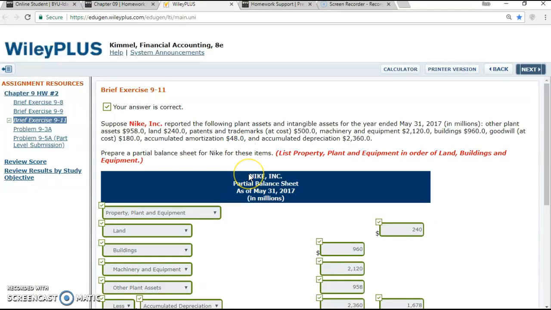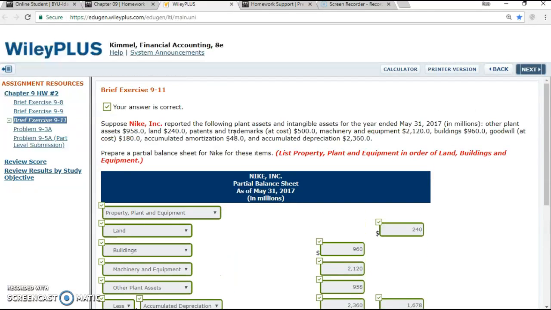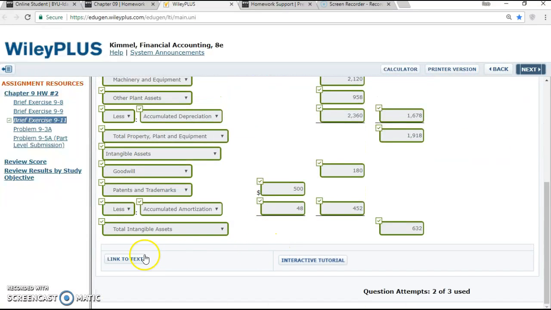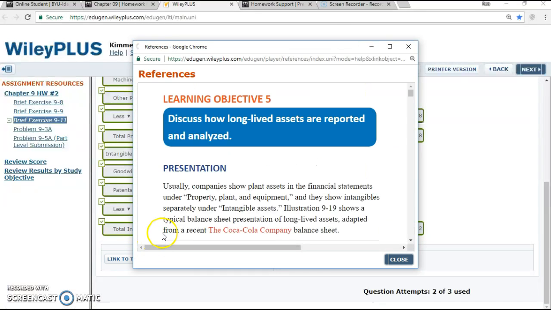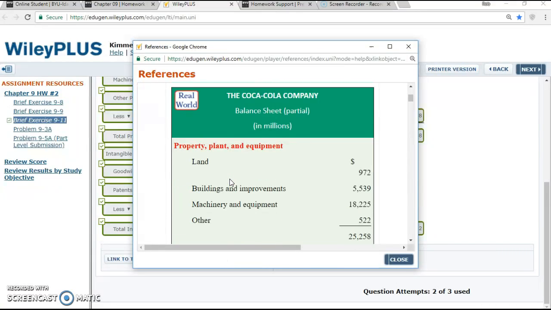As we go down to fill in the balance sheet, the first section is property and plant equipment. That's how we section it off. So we go back up here and fill in land. Land is the first thing. To help guide me, I opened up the link to text and came down to the example in the booklet, the Coca-Cola Company balance sheet.